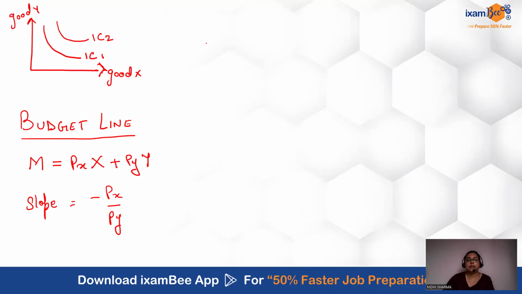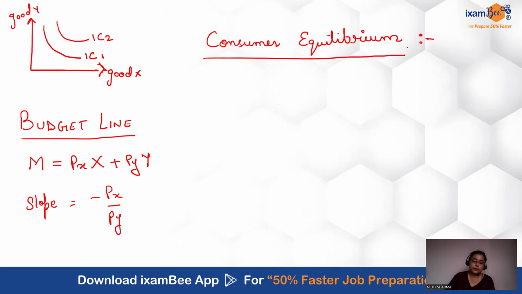Okay, now let's talk about consumer's equilibrium. A consumer attains equilibrium at that point where the budget line is tangent to the indifference curve.